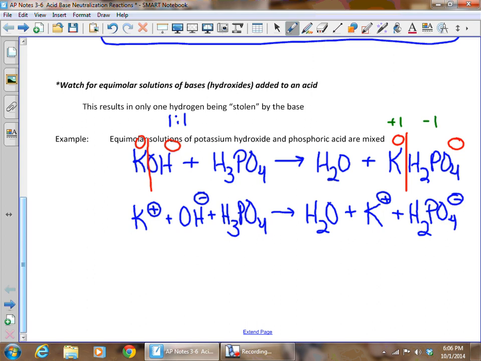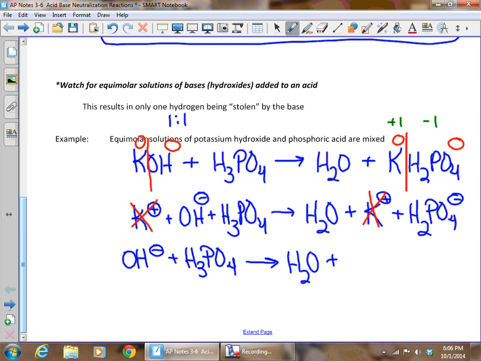And what's going to drop out? Well, the only thing that's identical on both sides is the potassium ions. So our final reaction is going to be OH minus, and it's one-to-one, so I don't have to worry about balancing it. That's the nice thing. Plus H3PO4. Our hydroxide can only steal one hydrogen away to make the water, and we're left behind with H2PO4 minus. That's our final reaction.